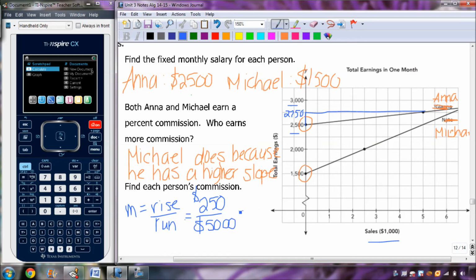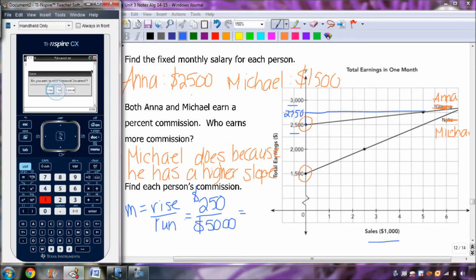Okay, so then what do I have to do with those numbers? Divide them out. So you're going to want to choose a new document, and you're going to want to add a calculator. Okay, so let's divide 250 by 5,000, and don't forget to press Control Enter to get the number as a percentage or as a decimal.